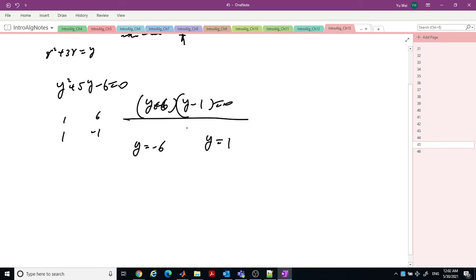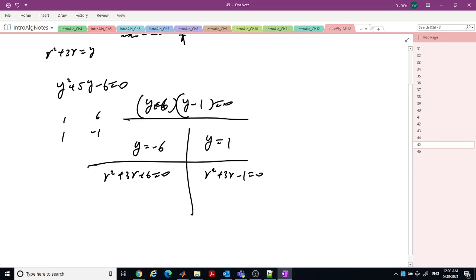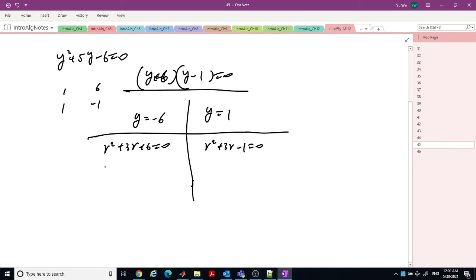So for y equal to negative 6, we have r squared plus 3r plus 6 equals 0. For this one, r squared plus 3r minus 1 equals 0. Okay, so now we can solve these equations. The first delta is 9 minus 24, which is negative 15.